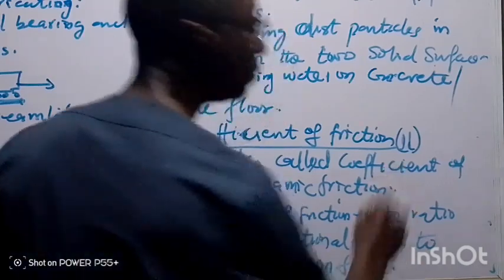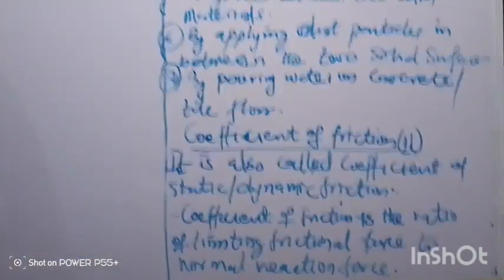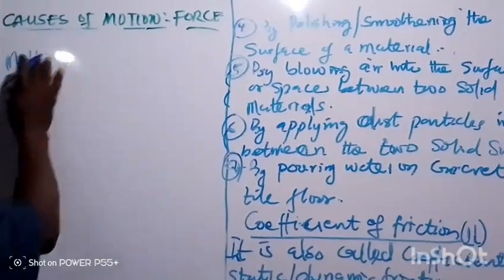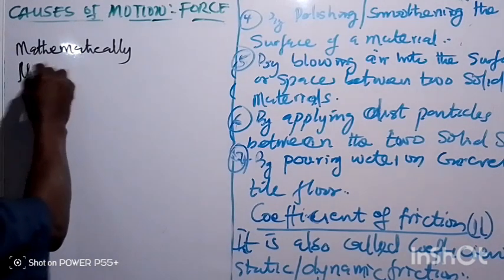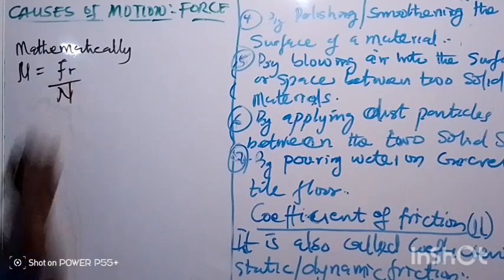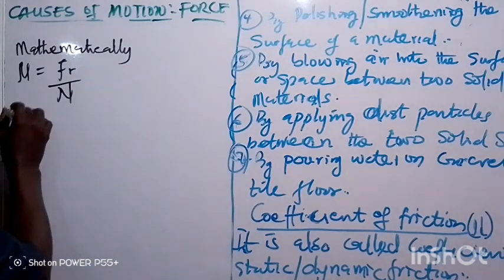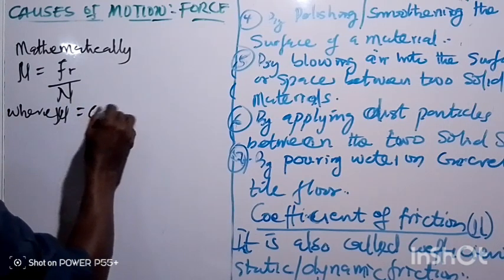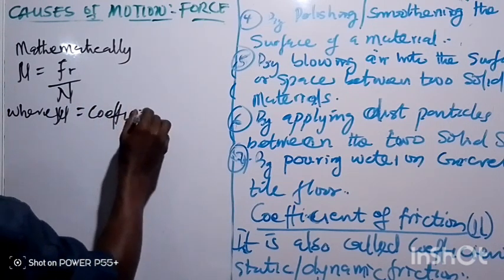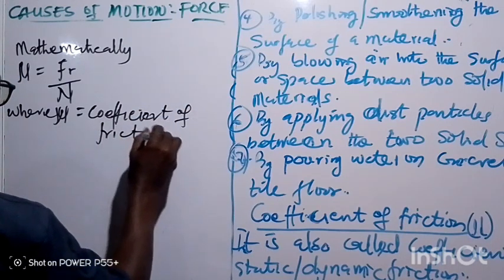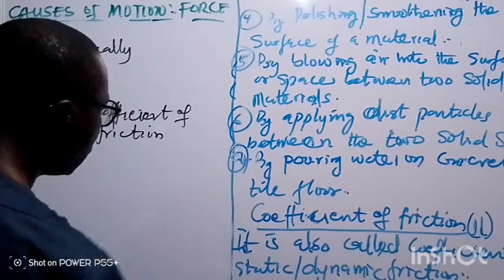Mathematically, mu is equal to limiting frictional force over normal reaction force. That is where mu is equal to coefficient of friction. And don't forget, I said it can be called coefficient of static friction or dynamic friction.